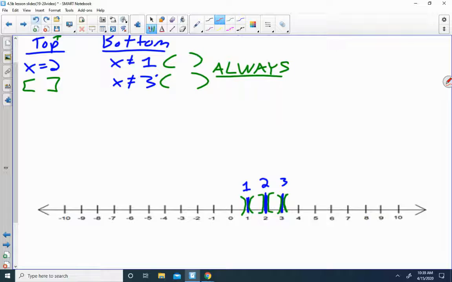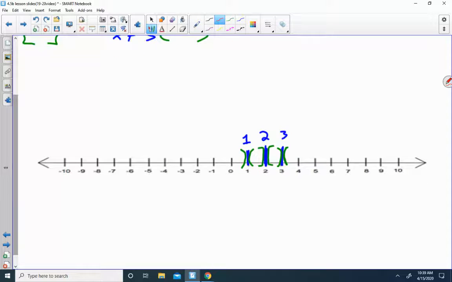All right, so let's first pick a test value for the first one. I'm going to pick that the test value for the first interval will be 0. Now for the second one, we're strictly between 1 and 2, which means my test value is going to have to be a decimal. I'm going to pick the easiest decimal that we can think of, 1.5, because that's in between 1 and 2.